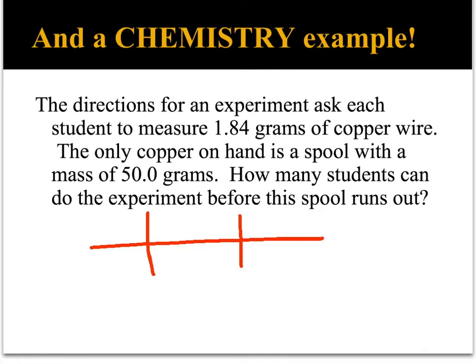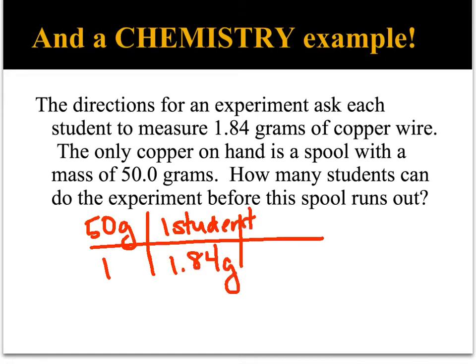Okay, so what do I know? I know that I have a spool of copper that has a mass of 50 grams. And I also know that one student needs 1.84 grams. Okay? If you look at this, you will see that grams cancel, and that leaves me with total number of students.